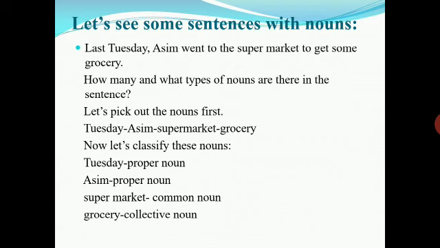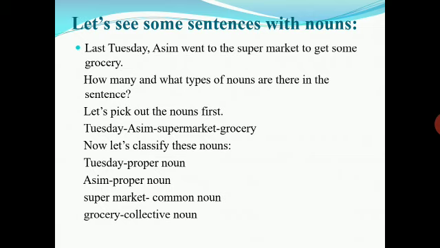Last Tuesday, Asim went to the supermarket to get some grocery. Now let's see how many and what types of nouns are there in this sentence. Let's pick out the nouns first. Tuesday, Asim, supermarket, grocery.